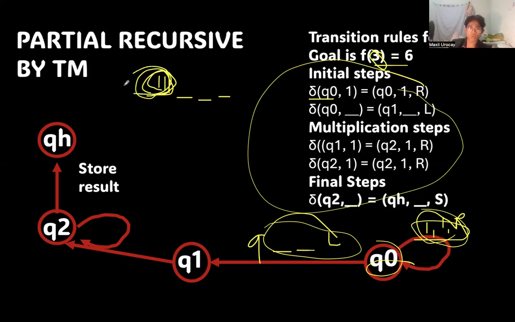So after Q1, this is our separation actually, and after that we will do the multiplication steps. So in our multiplication step in Q2, from Q1 you have the input 1, and on that one, you write 1 into the right position.